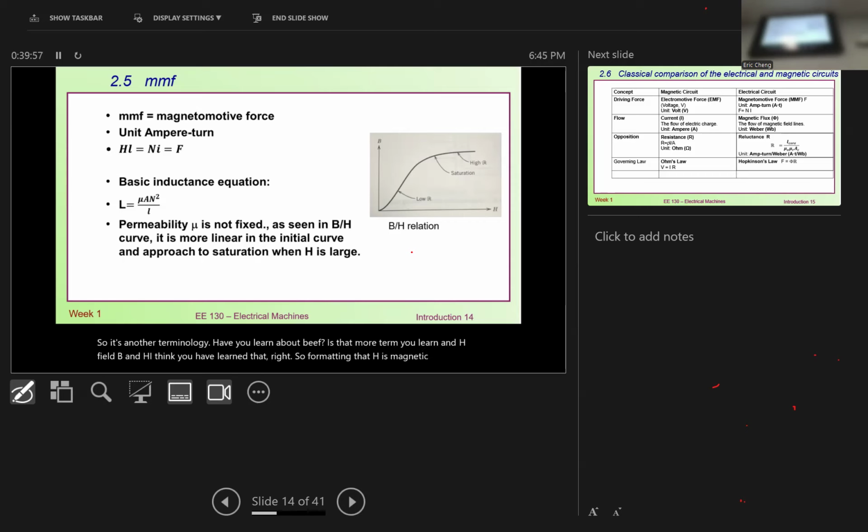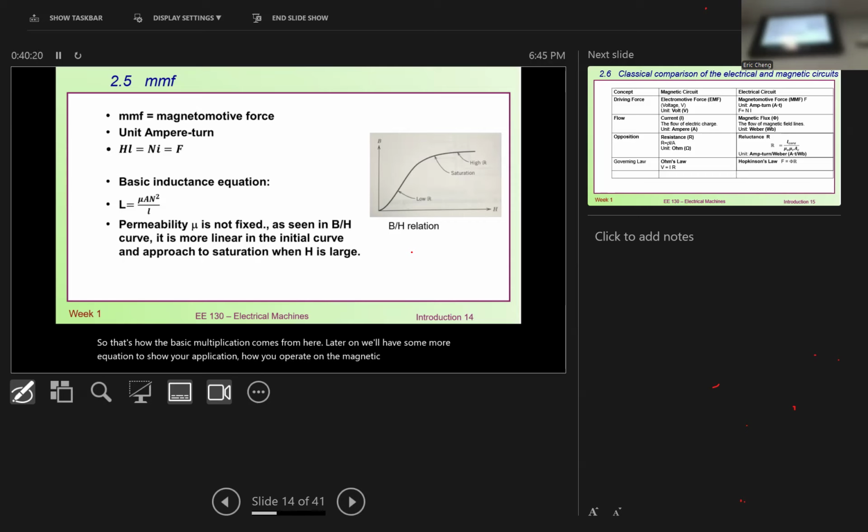The magnetic H multiplied by the length of the magnetic flux path happens to equal the MMF. So that's where the basic magnetic equation comes from. Later on, we will have more equations to show applications, how you operate on the magnetic equation.